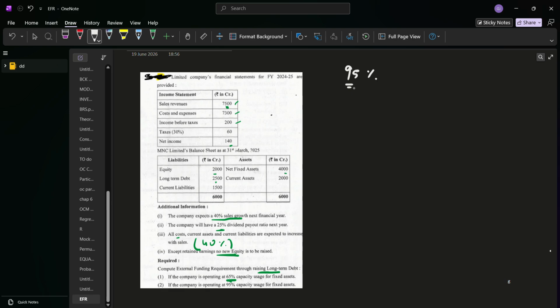So basically, just to give you a little bit of background or refresh the concept of what we are trying to find out, we are trying to answer the question: to support a certain growth in sales, that is 40%, how we need to invest in the assets to support that sales.